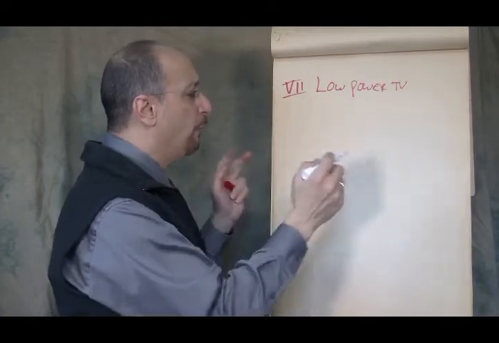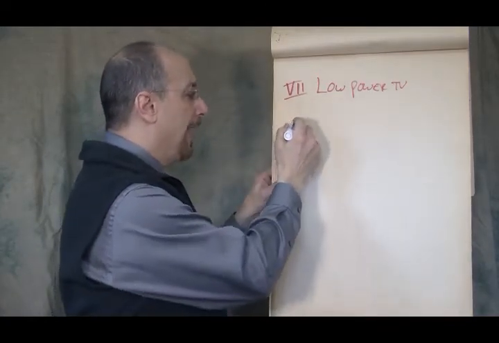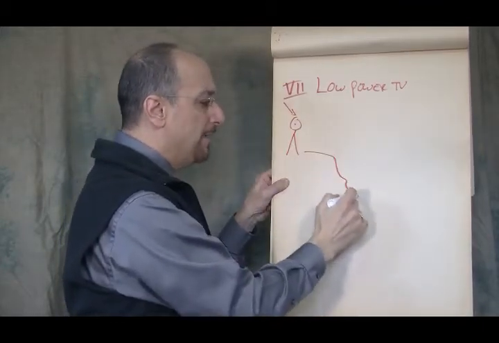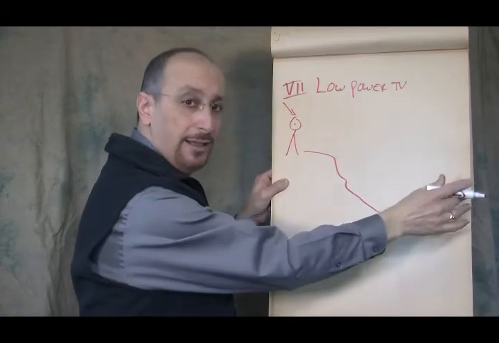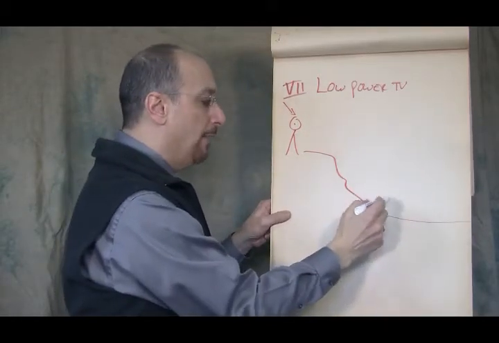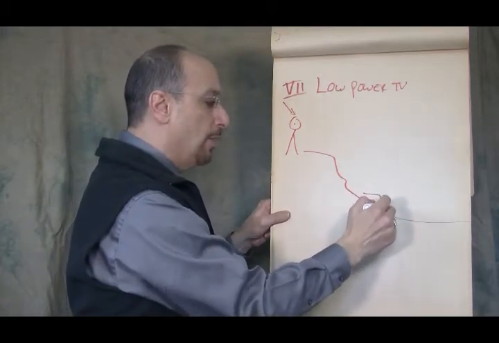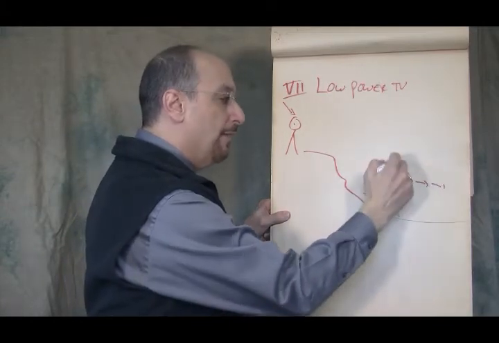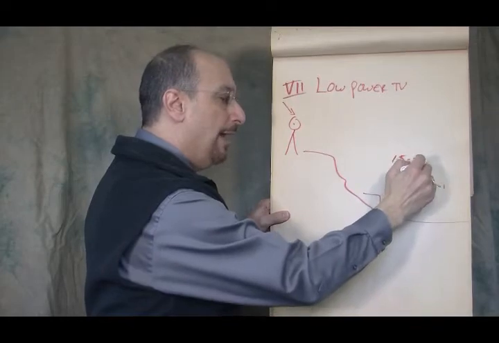But low power TV, for example, let's say you have a downlink antenna receiving signals from a satellite, and then you have this town that lives down in this great valley. In this valley you'll have an earth station, and another tower that'll transmit signals in line of sight in a 15 to 25 mile area.